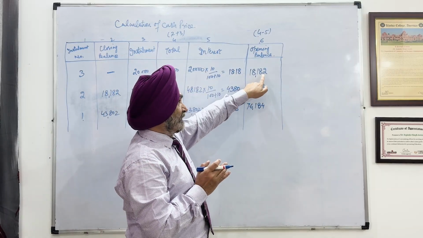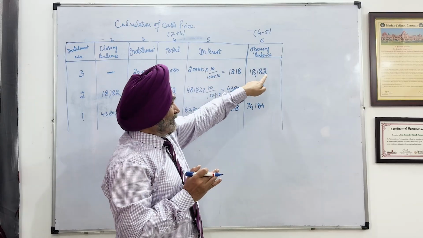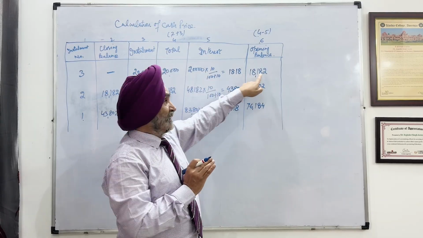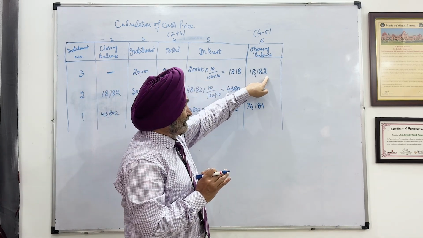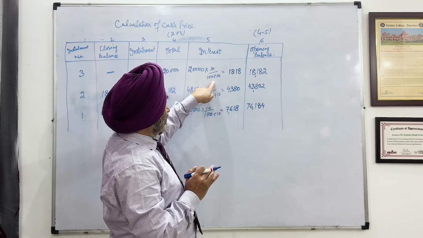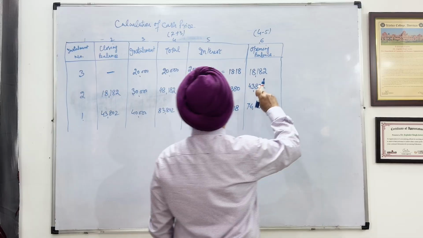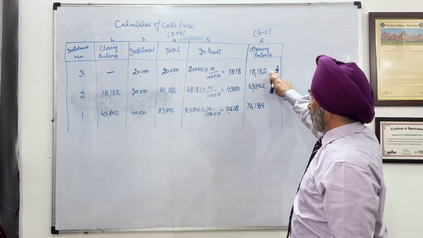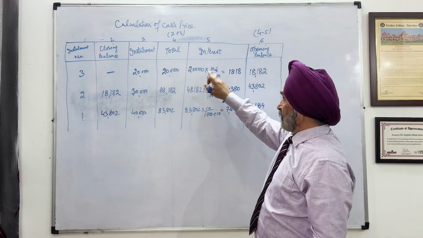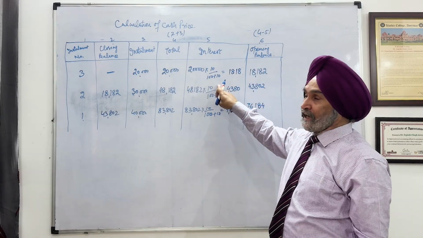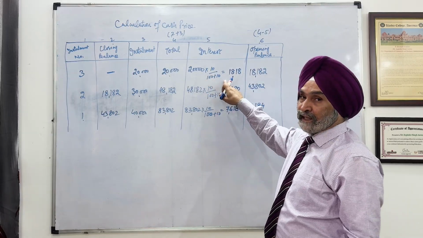But this figure was not known to us, that is why we calculated on this. 10% of this or 10 upon 110 of this means the same thing. So whatever we calculate on this figure with 10 by 100, the same figure can be calculated upon this figure with 10 upon 110. So that is why we calculated with 10 upon 110.